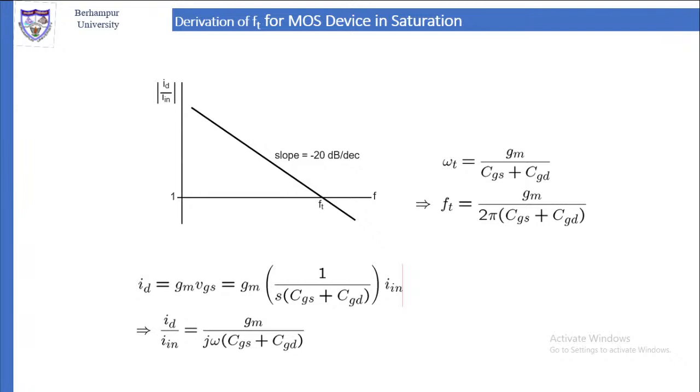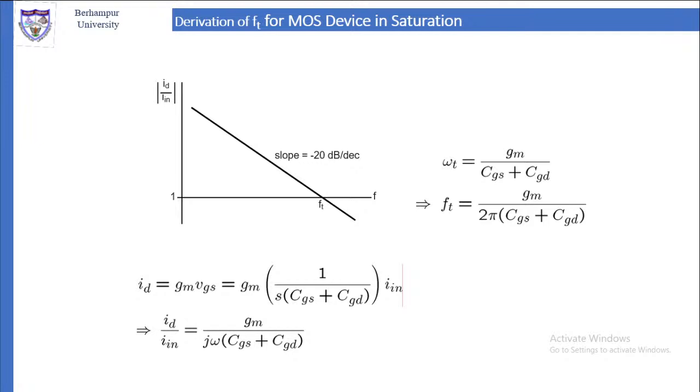So if you plot a horizontal line corresponding to a gain of 1, that line will cross the slanted line at the point Ft.